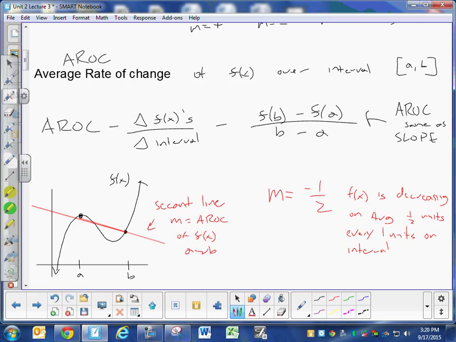It's not going to be consistently decreasing 1.5 units. We have certain situations where my function is increasing, going up a little bit, then going down quickly and coming back up a little bit. We're just saying on average that's what's happening.